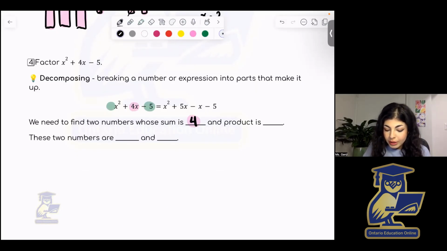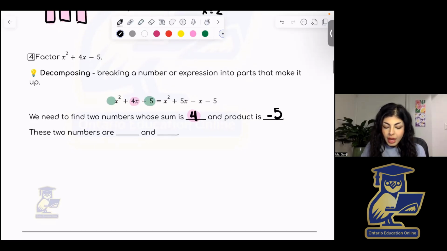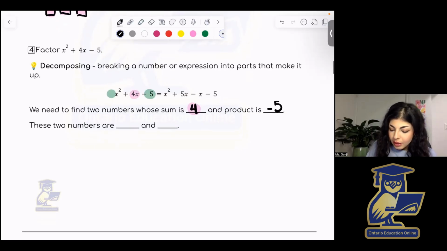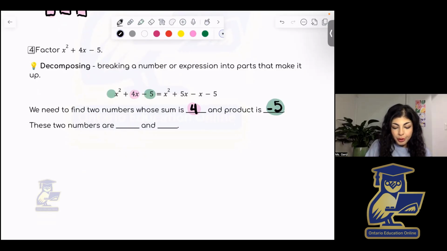And I've already done this example for you, but the two numbers that fit this description would be 5 and -1. And you can check. 5 plus -1 is 4, and 5 times -1 is -5.